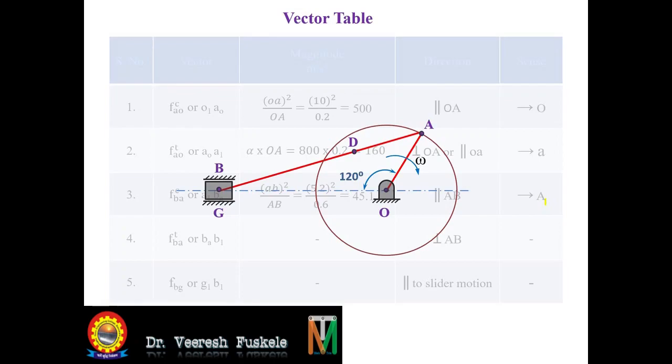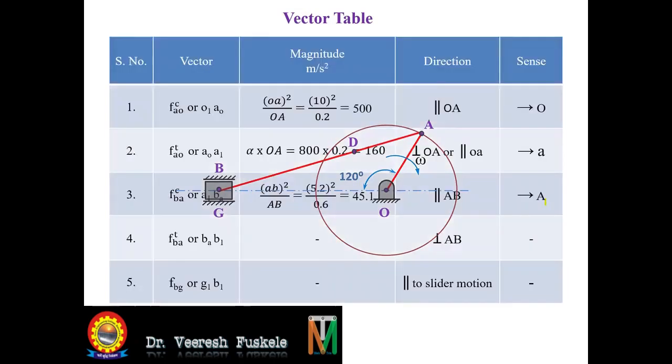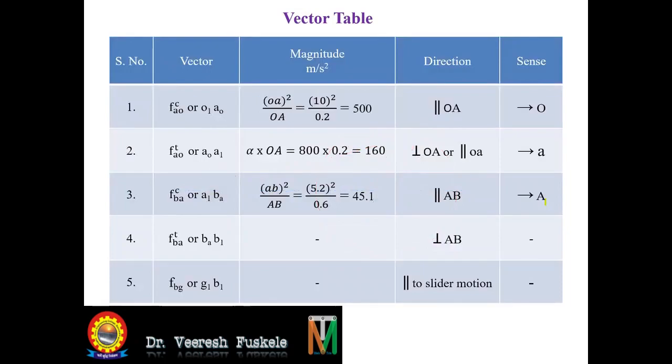Next, we will calculate the tangential component of A relative to O, that will be represented by AO A1, and we know that the tangential component is equal to alpha into R. Alpha is the angular acceleration of link AO and R is the length of the link. Alpha is given as 800 and the length of the link AO is 0.2, which will give us 160 meter per second square.